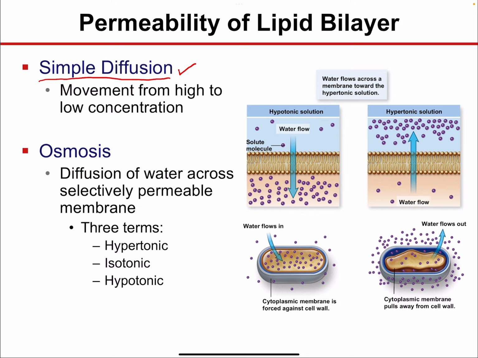Now, in some conditions, because the cell is concerned about creating a certain equilibrium across the membrane, most of the time, water is the one that is going to cross the plasma membrane to create that equilibrium, right? That movement of water across the plasma membrane is called osmosis.